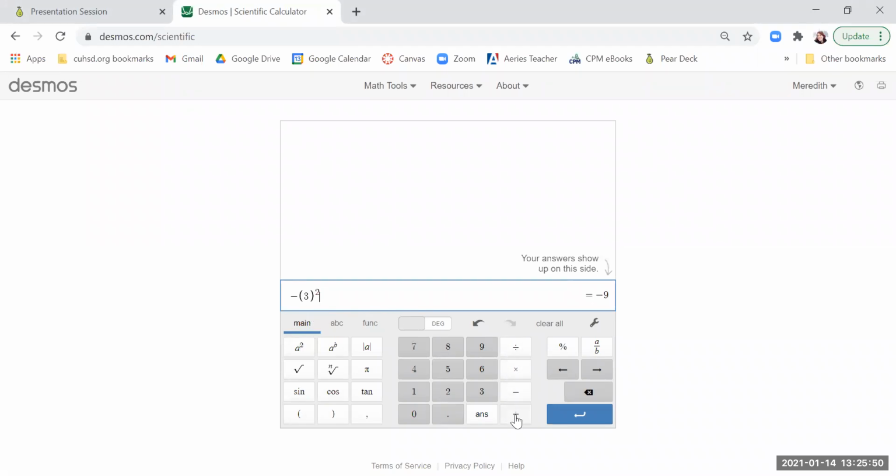Then add 17, parentheses, 3, close the parentheses, then subtract 42. And when you press enter, you can see I get 0. You can do it all in one line.